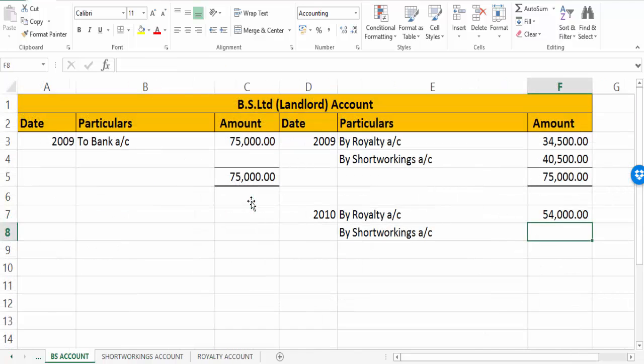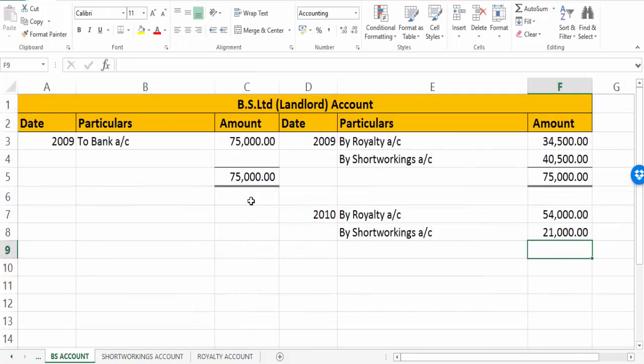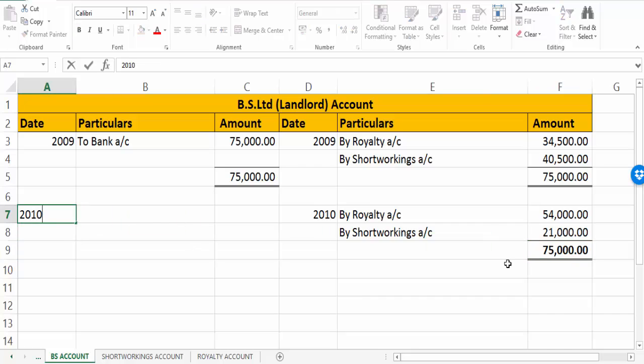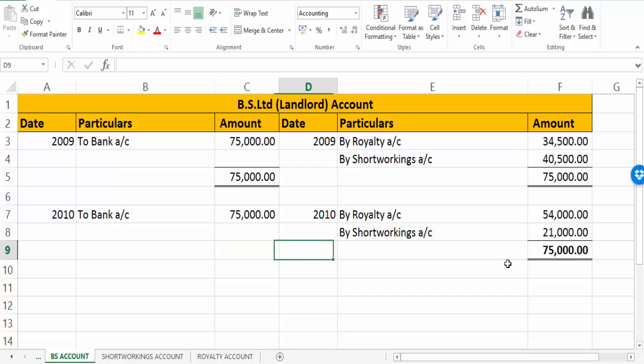So let me put it. This is 21,000. Fine. So let us total these two. 75,000. So this should be paid in 2010. 2010 to bank account. How much? It's the sum of these two. And let's capture the total. It's again the same.